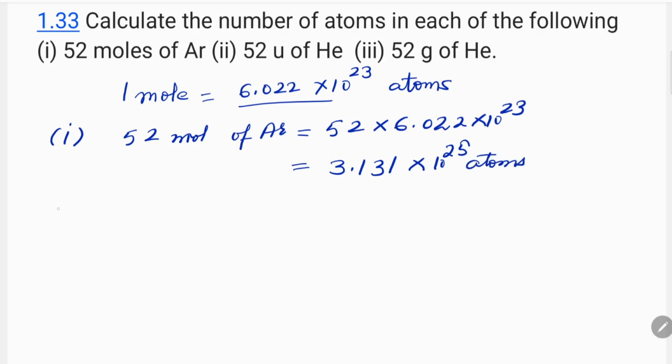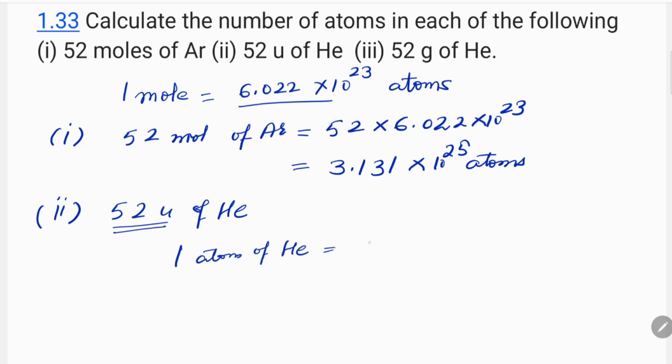Let's do the second part of it, which is 52 units of helium. This is given in terms of atomic mass units actually. As we know, 1 atom of helium weighs 4 units.